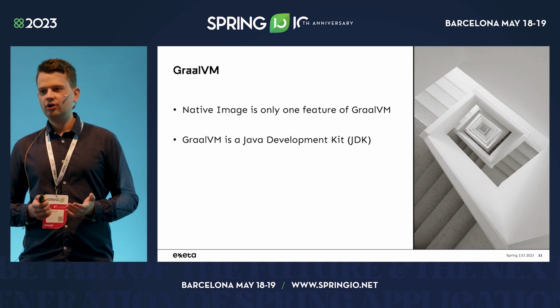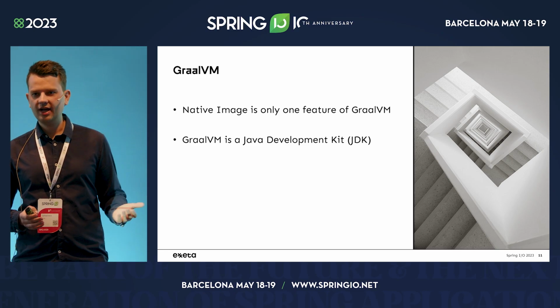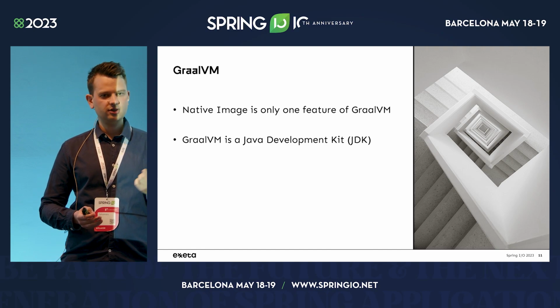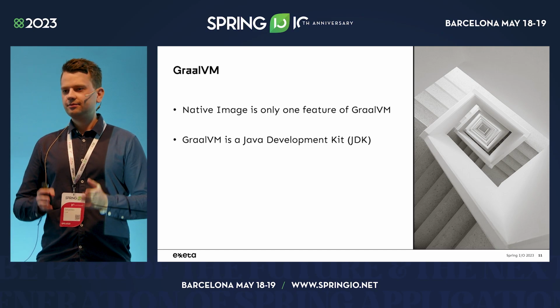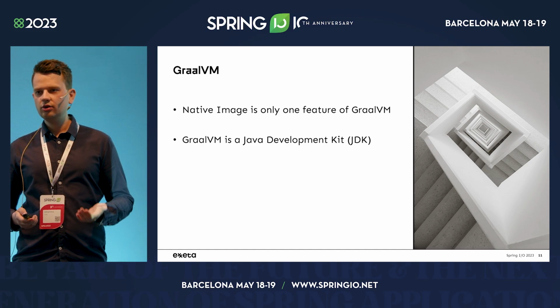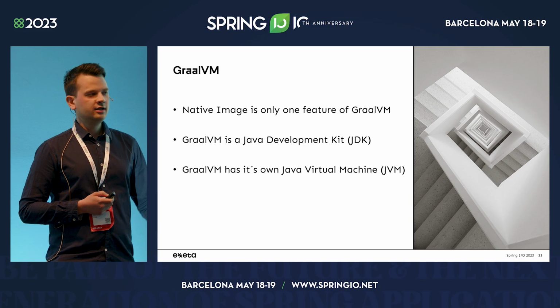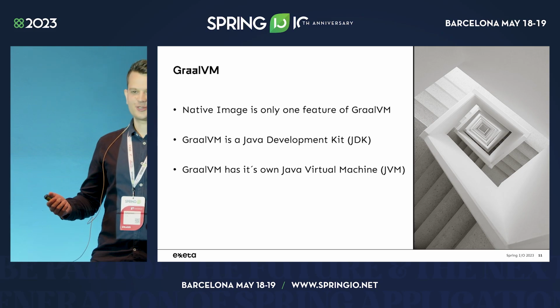GraalVM is based on OpenJDK, and like every JDK, also GraalVM has, on the one hand, some development tools, like compilers, debuggers, and so on. And on the other hand, it has its own Java runtime environment, and also its own implementation of the Java virtual machine. The Java virtual machine in GraalVM is called GraalVM.